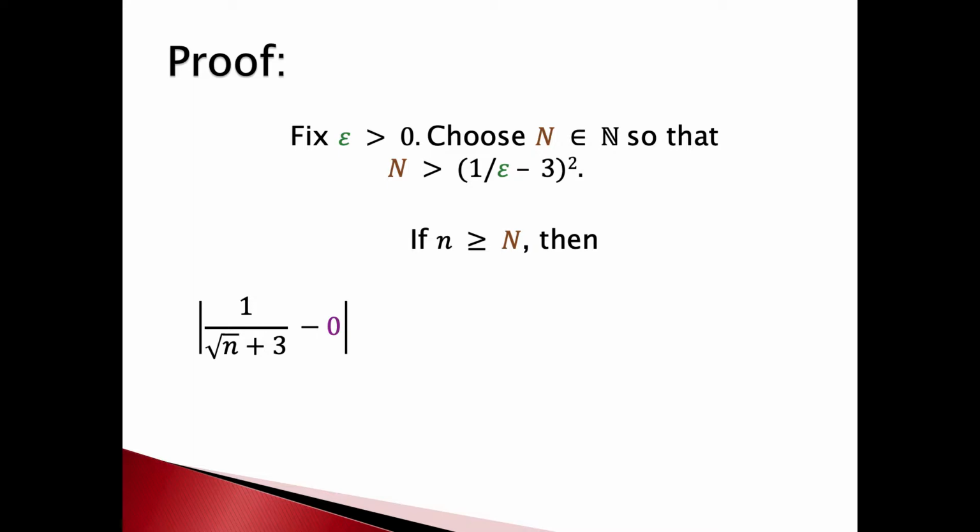Okay? So when I subtract 0, of course, that doesn't change anything. Everything inside that absolute value is positive, so I can just drop it. And even better, I can replace that little n with capital N. Okay, now why does that work? Well, what am I assuming in my P part of the implication?